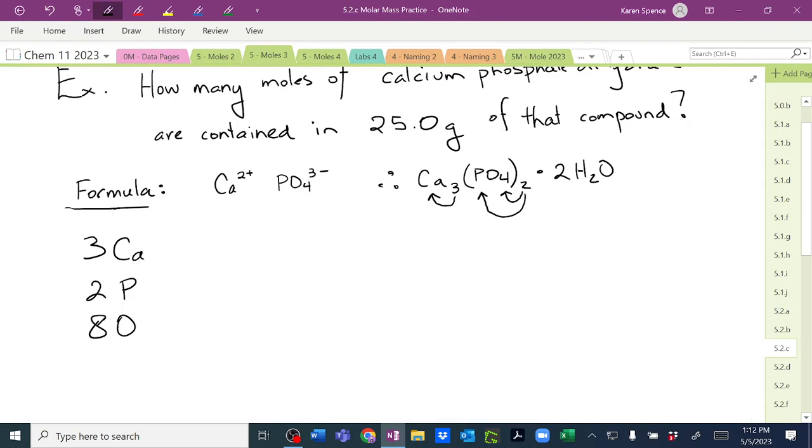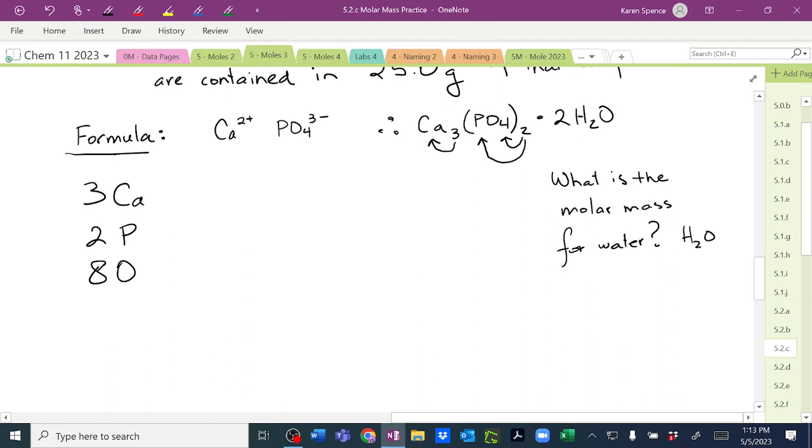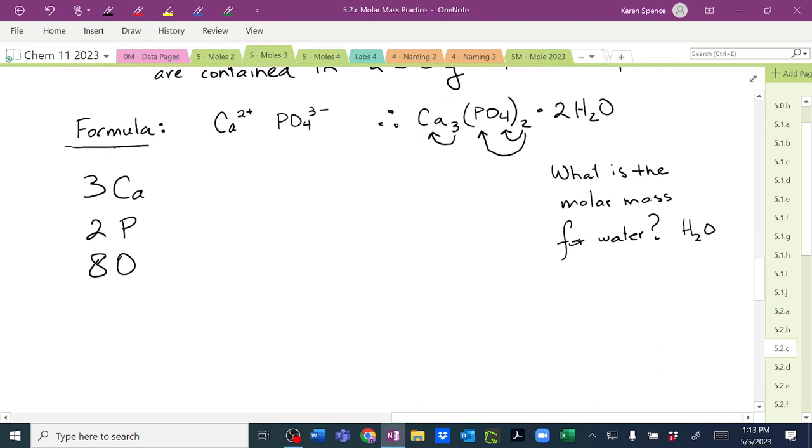Could you please just see if you can figure out what the molar mass is for water? You can even do it in your head if you want to. Now, if you can just pop out 18, that's fantastic.